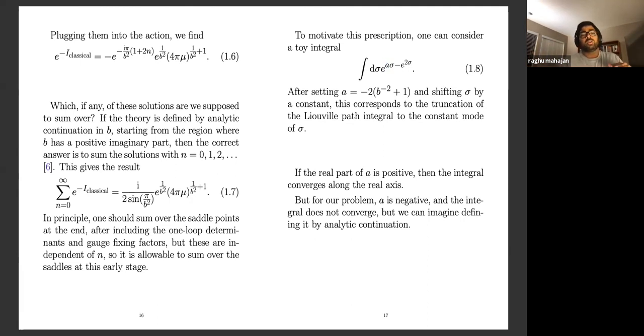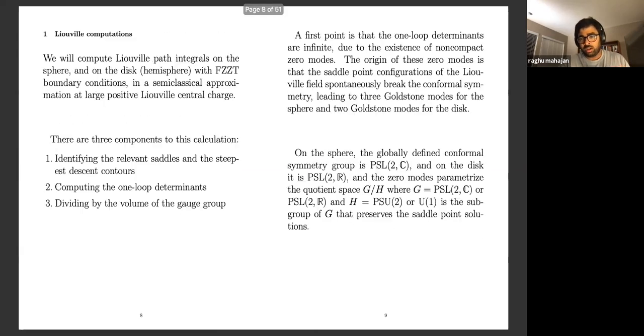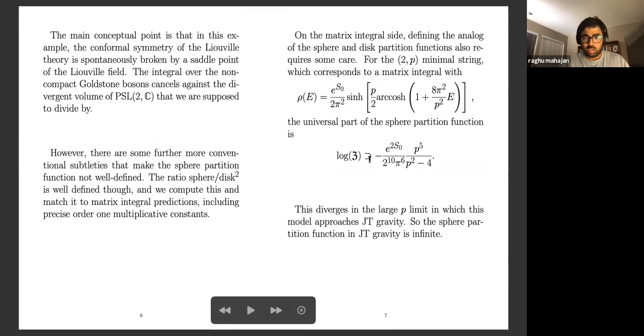So this contour ambiguity reflects the fact that the sphere partition function in Liouville can have integer powers of mu, and those cannot be reliably computed. Those are not universal and are not computed by the matrix model. That is why I had this containment sign in the log Z, because you don't compute terms that are integer powers of mu. If you think about triangulating the surface and taking the continuum limit, they are not universal.